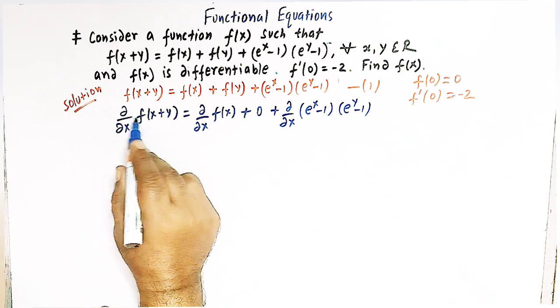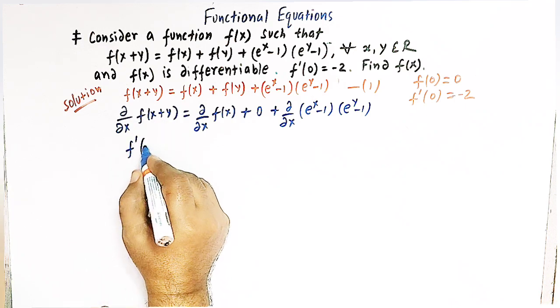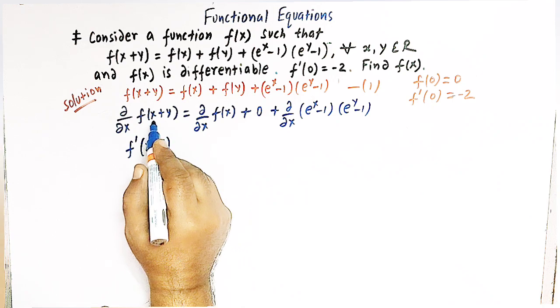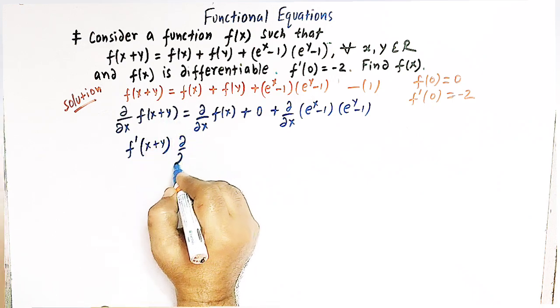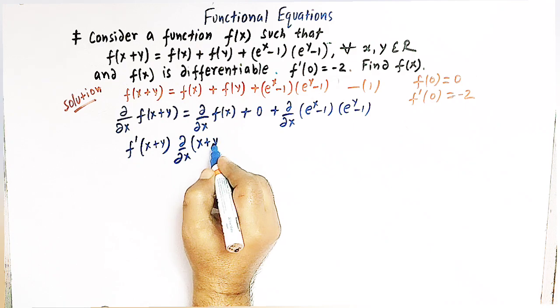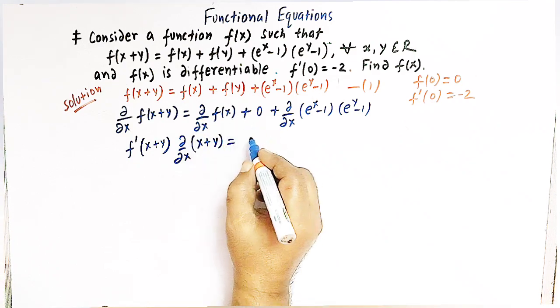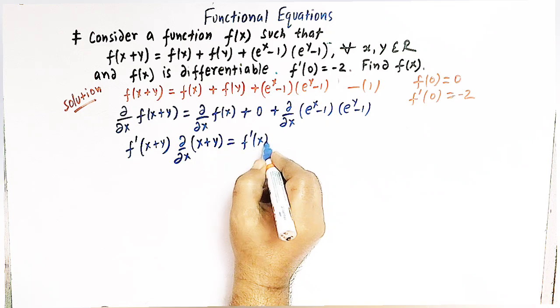Now the derivative of f of x plus y is simply f prime of x plus y, and then by chain rule we have the derivative of x plus y, and here del by del x of f of x is f prime of x.